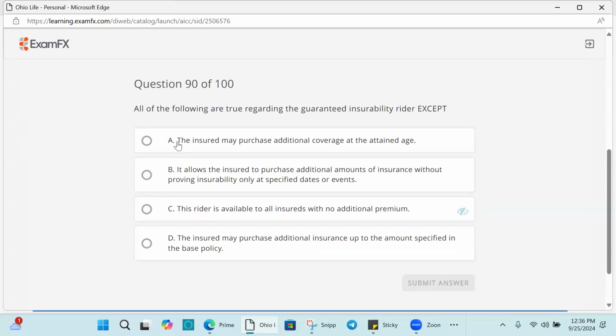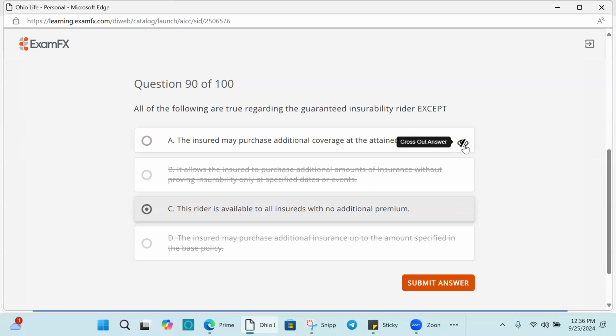This I don't know, but I can start guessing. So I think this one is true. The rider is available to all insureds with no additional premium. Well, if you have a rider, then you're going to have to add additional premium. So I think that's the only one that's not true.